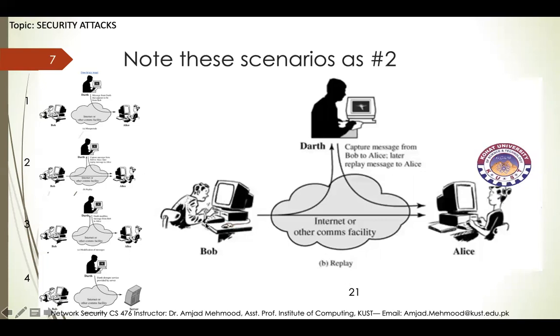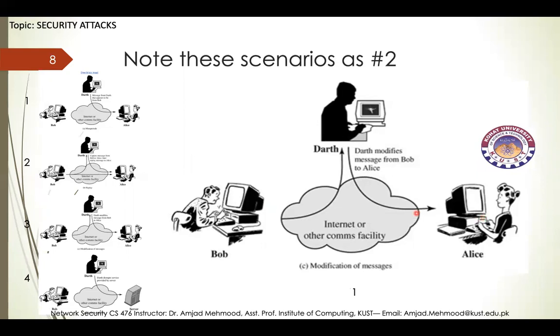Now replay: Bob is sending something to Alice. There are two parties in communication, but whatever Bob sends is received by Darth first, and then Darth makes some changes in that message and sends it to Alice. This is called replay.